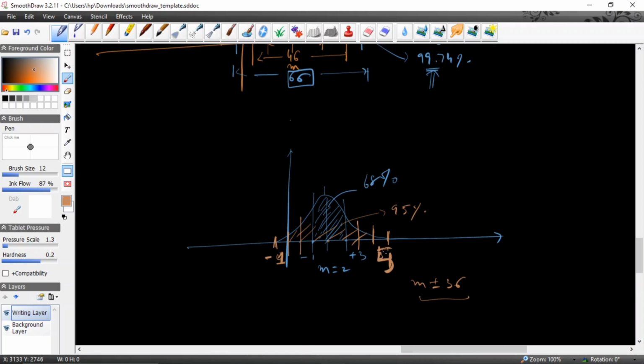So the probability of getting the random variable between minus 1 and 5 will be 99.7%.